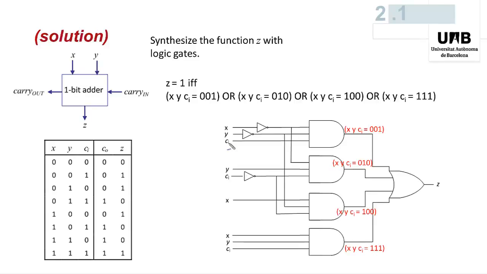Here is a solution. We can define, as before, a kind of logic algorithm and look for the values of the inputs to which correspond ones of the function. Z is equal to 1 when x, y, ci are equal to 0, 0, 1.